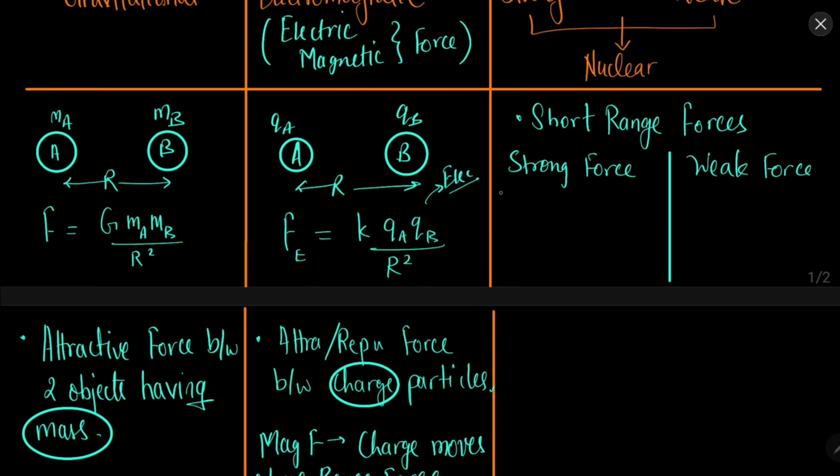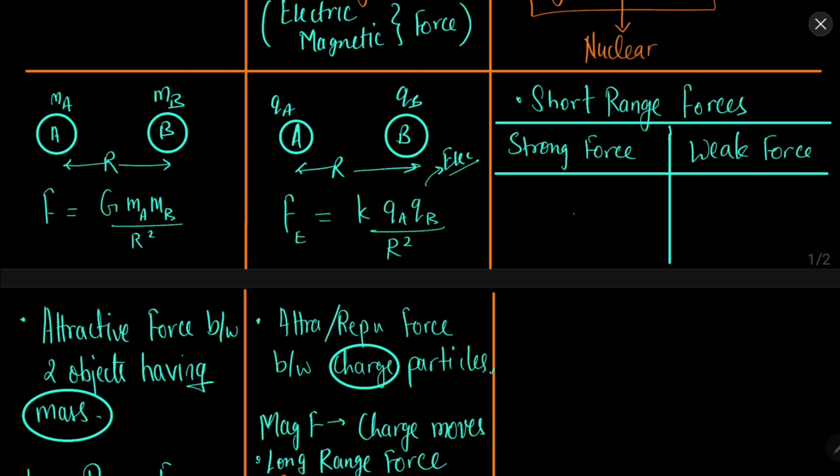Strong nuclear force is the force which is the reason behind the stability of the atom. Let me ask you one question. You must have heard that in an atom there are electrons and there are protons. In the nucleus there are a lot of protons, and electrons are in the orbits.